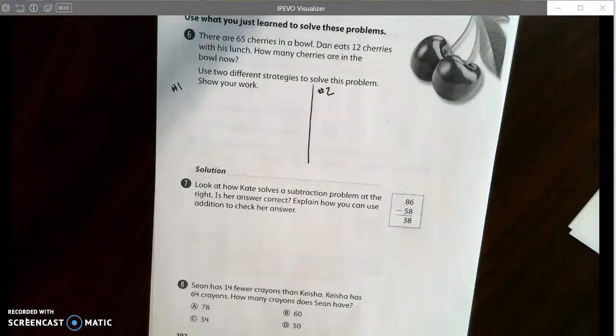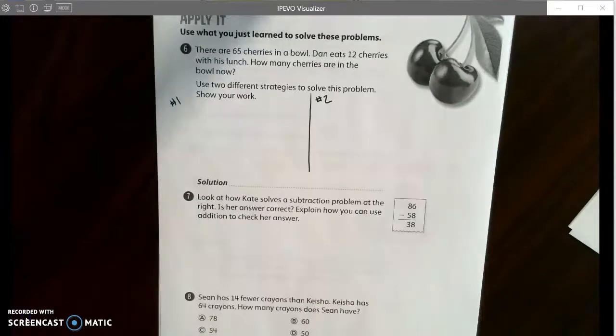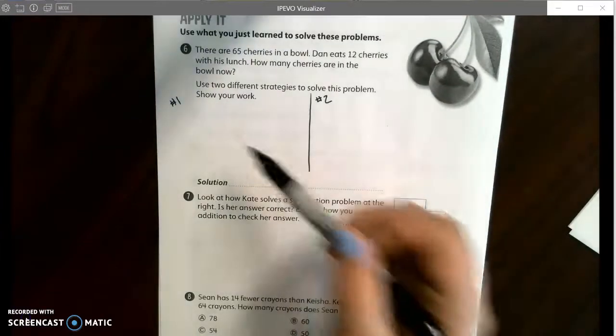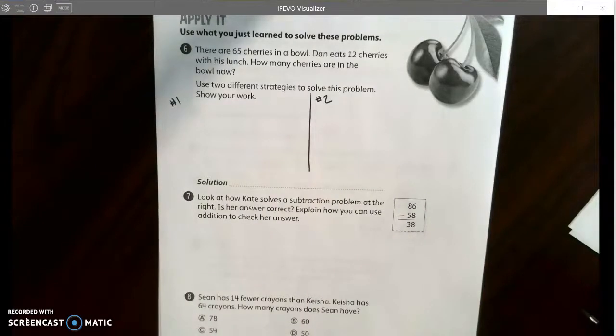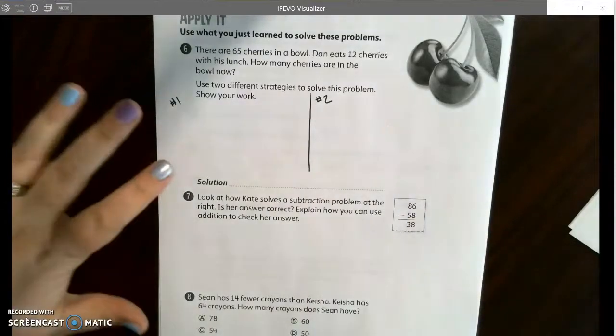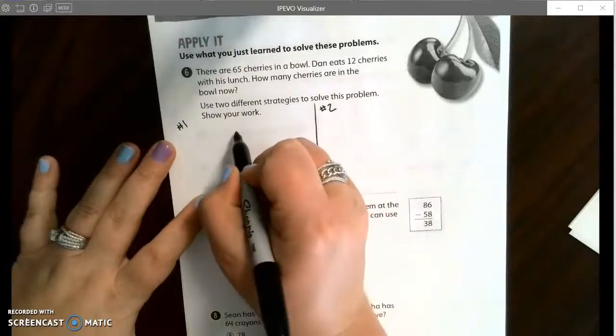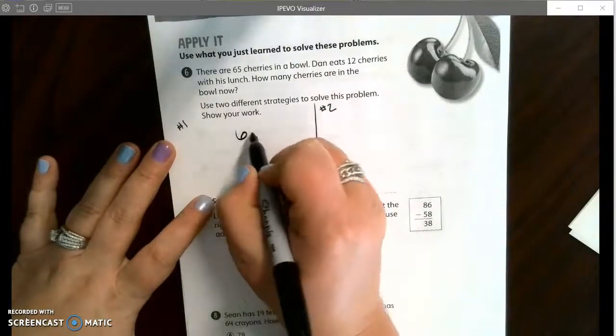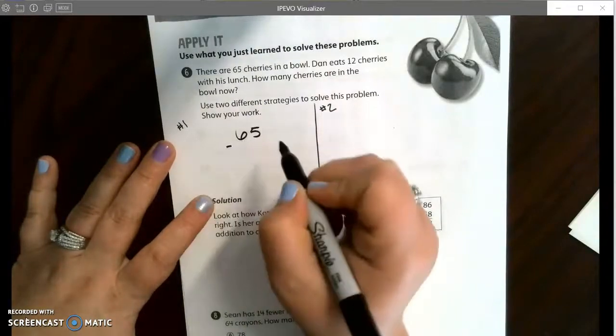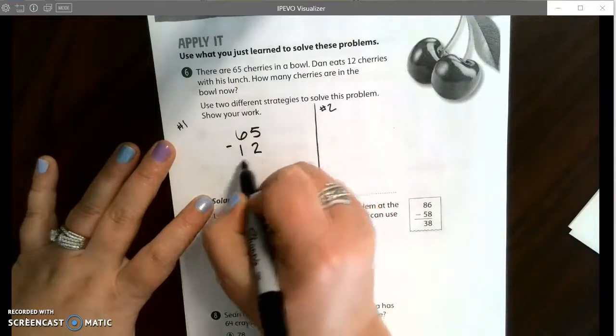Go ahead, pause the video, and try to solve this problem. Alright. So for my solution number 1, I'm going to set this up cookies and friends kind of style, or traditional subtraction. So I'm going to go 65 minus 12.